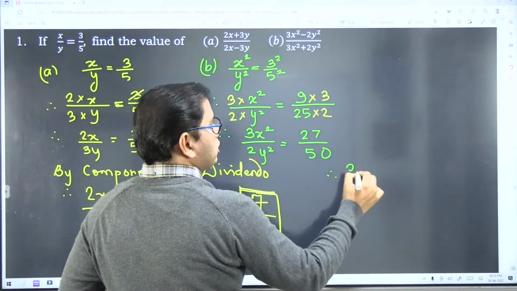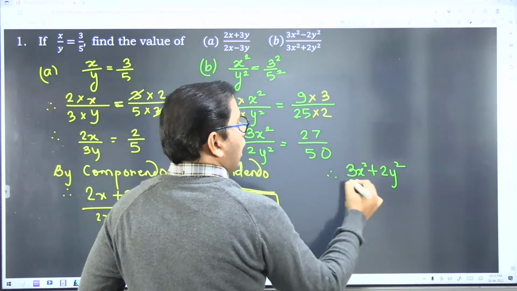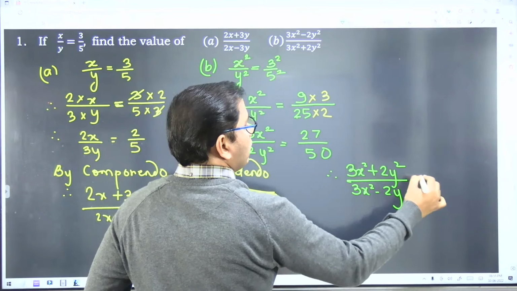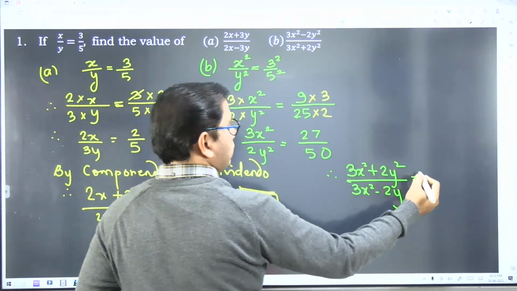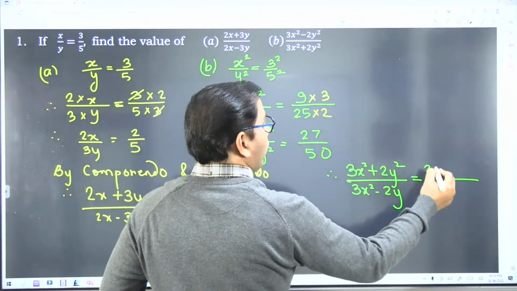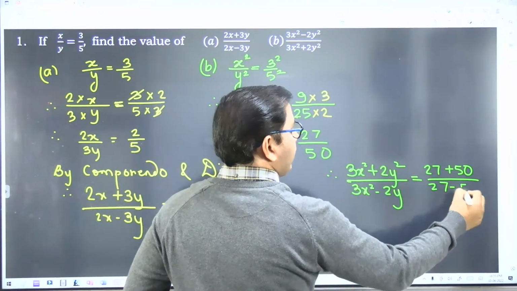So according to this property, I get numerator plus denominator upon numerator minus denominator. a plus b upon a minus b is equal to what? 27 plus 50 upon 27 minus 50.